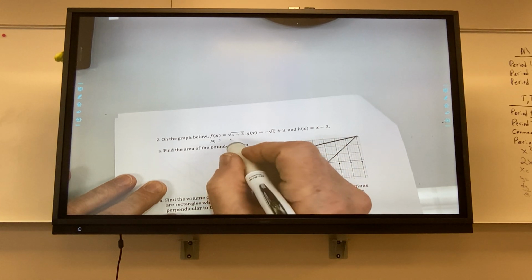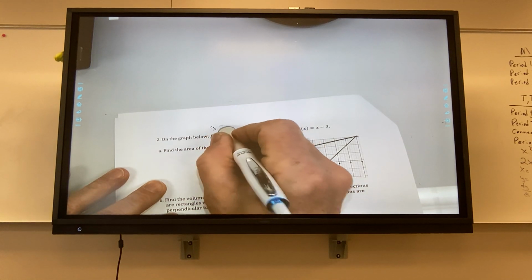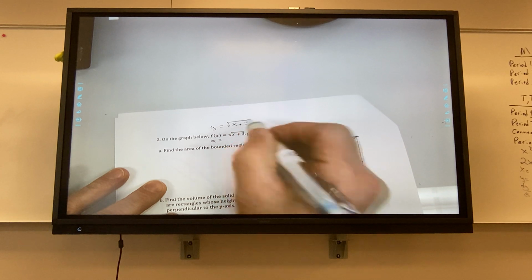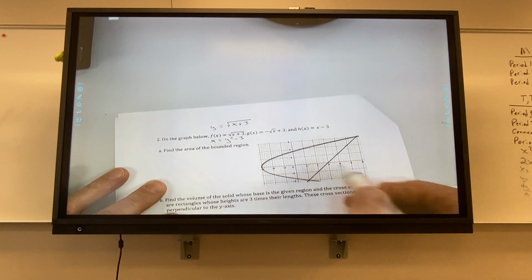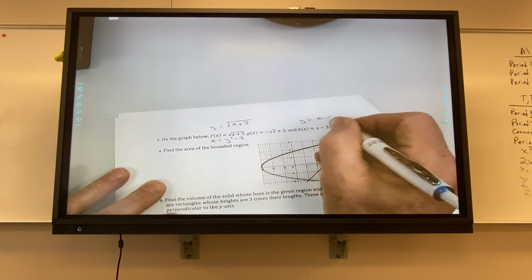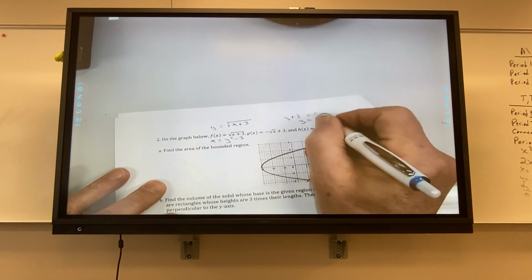So when I squared both sides, what did I have up here, Ethan? Remember I had Y equals square root of X plus 3, correct? Yeah. So it'd give me Y squared minus 3. And this would be Y equals X minus 3, and this would be Y plus 3 equals X, correct?